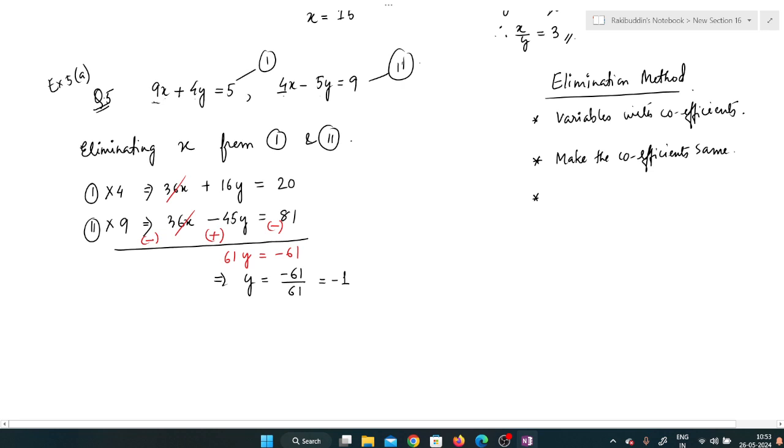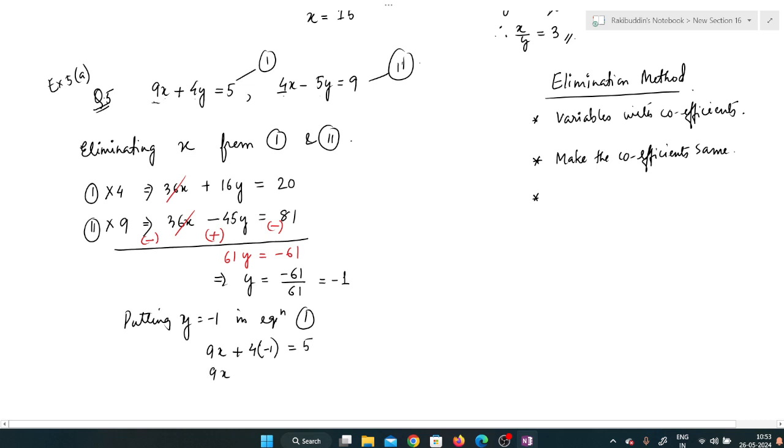Now for the next part, there is no need to use elimination again. Just put the value of y in any one of the equations and you will get the value of x. So putting y equal to minus 1 in equation 1, we have 9x plus 4y, and in place of y I write minus 1, equals 5.